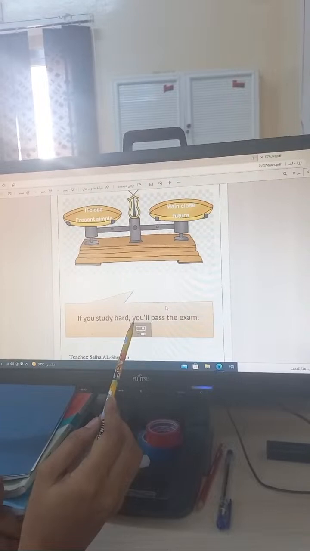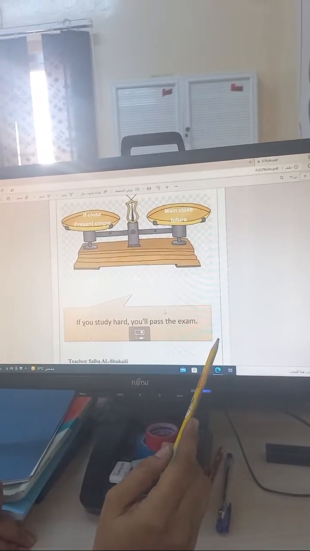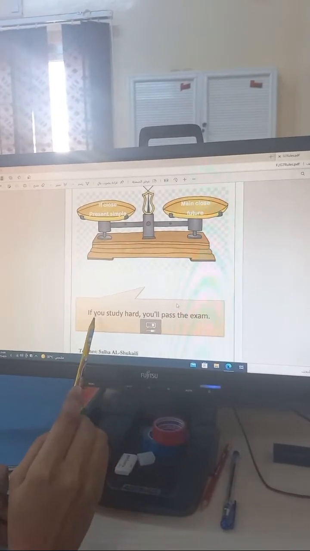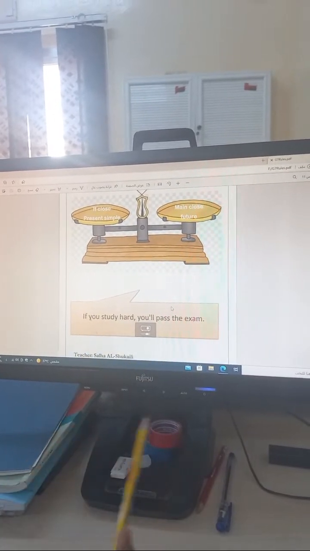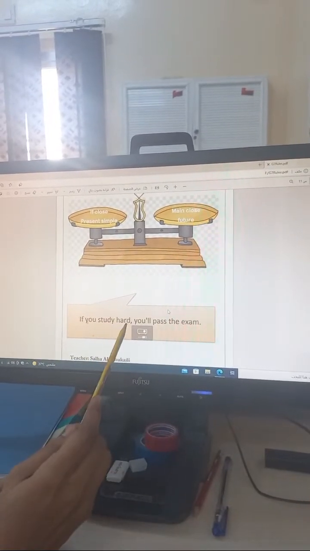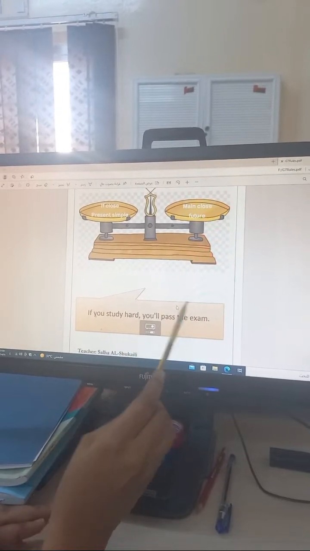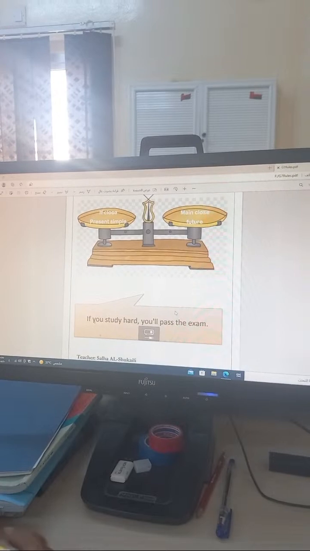Hard, you will, the second part of the sentence, which is in the future, you will pass the exam. So the if clause means if you do something, another result will happen. So this is the result. The main clause, which is in the future, is the result, the thing that you get.